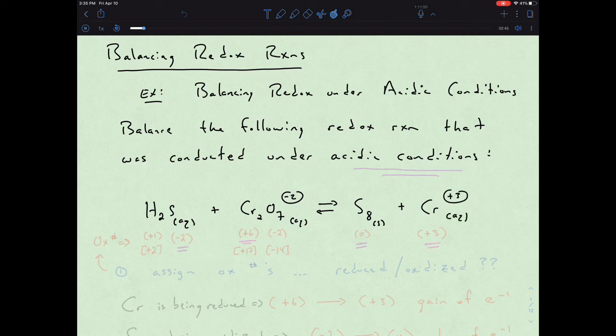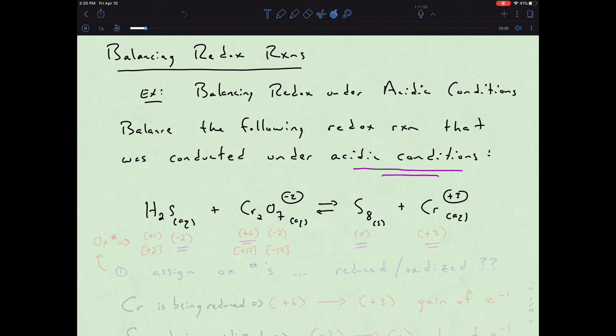So there is our redox reaction. We have the sulfurous acid reacting with dichromate to produce sulfur as S8 and chromium +3. And remember that we are under that idea of acidic conditions.